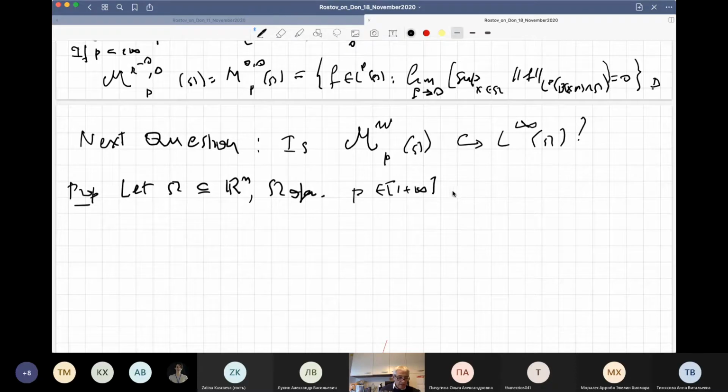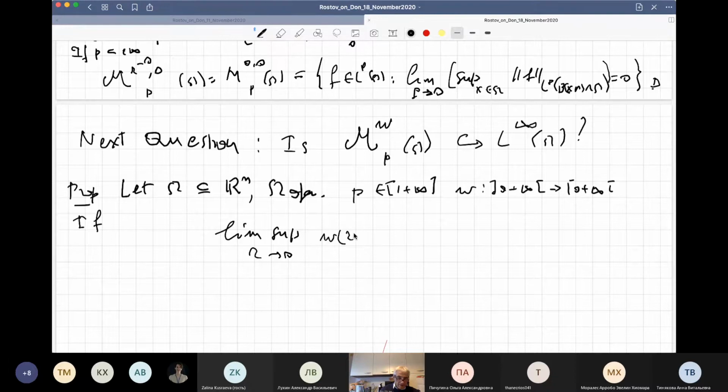And then we take also, as usual, W from 0 plus infinity to 0 plus infinity. If the following condition holds, if the upper limit, the lim sup for r tending to 0 of W(r), sorry, r to the n over p, is strictly greater than 0.